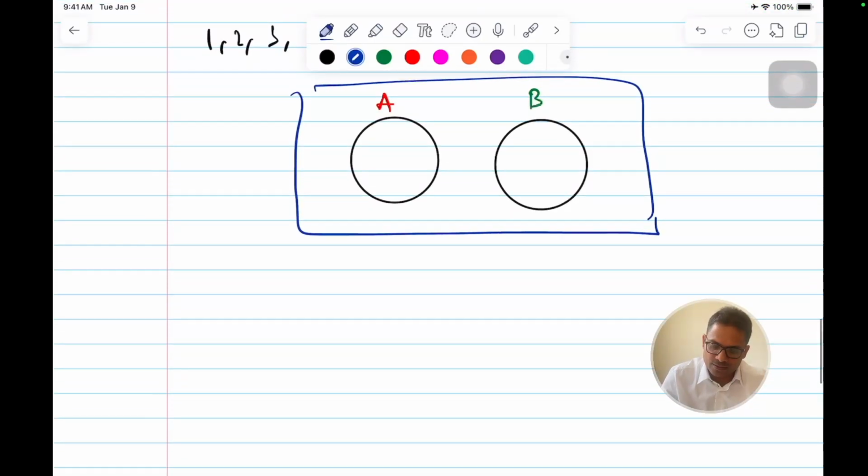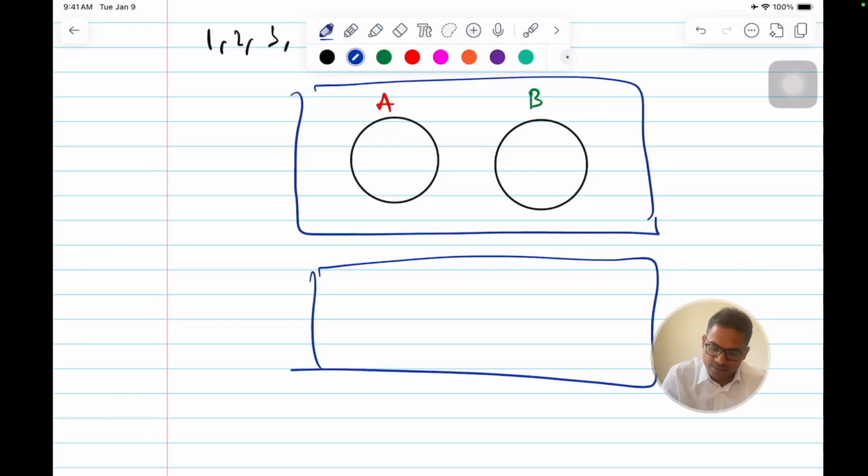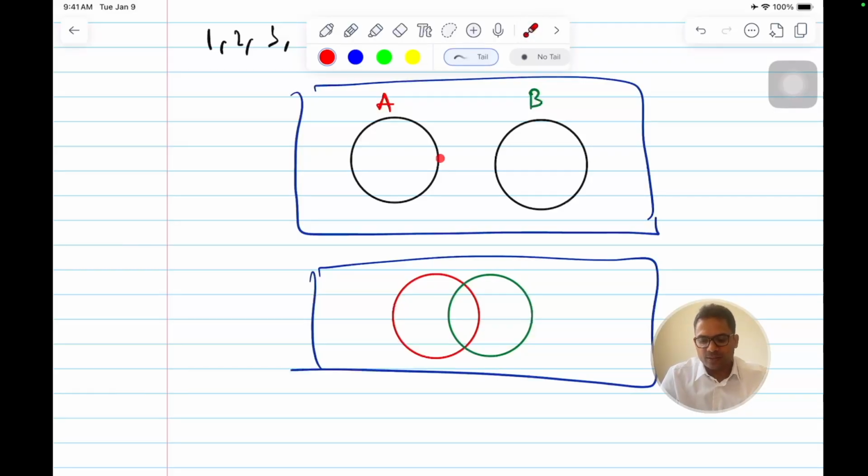Either it can be in this way, or the two sets can be like this. These are the two possibilities. When these two sets A and B have no overlap, these are called disjoint or mutually exclusive.